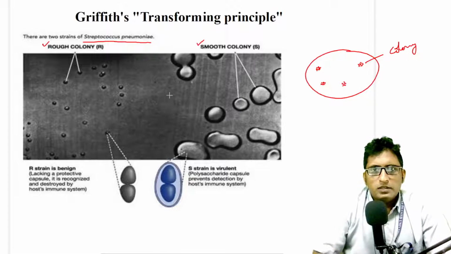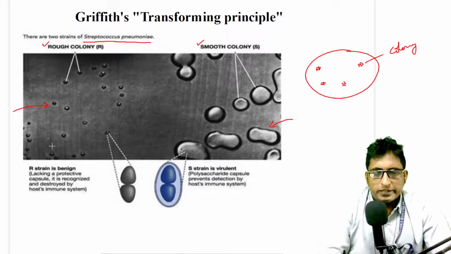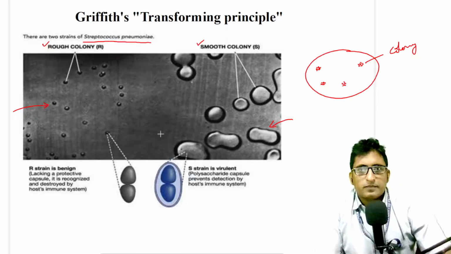The S strain had a smooth surface, whereas the other strain had a rough surface, and based on that they were called S or R strains. The S strain also formed bigger colonies compared to the smaller colonies of R.